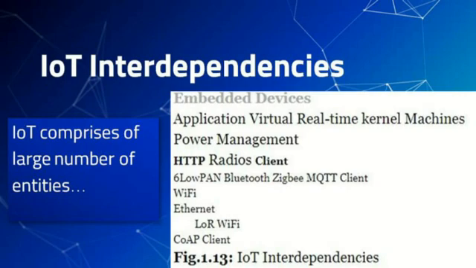IoT is an embedded device, because IoT is supposed to run an application. That is, you are going to run IoT by any kind of mobile application or web application. That application is supposed to be deployed on an operating system. That operating system is a virtual real-time kernel machine.